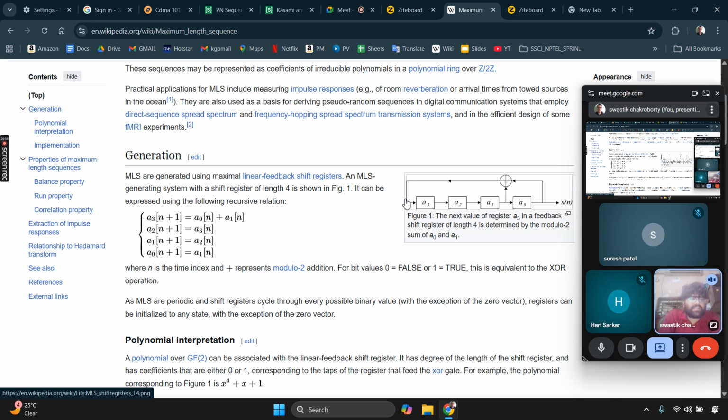Please respond. Okay, I am assuming it is clear. Whatever is connected to the XOR gate is assumed to be open, and from left to right the power increases. We take the corresponding powers and add them to get the generator polynomial. And if that generator polynomial is not factorizable, then the sequence is a maximal length sequence, else it is not.